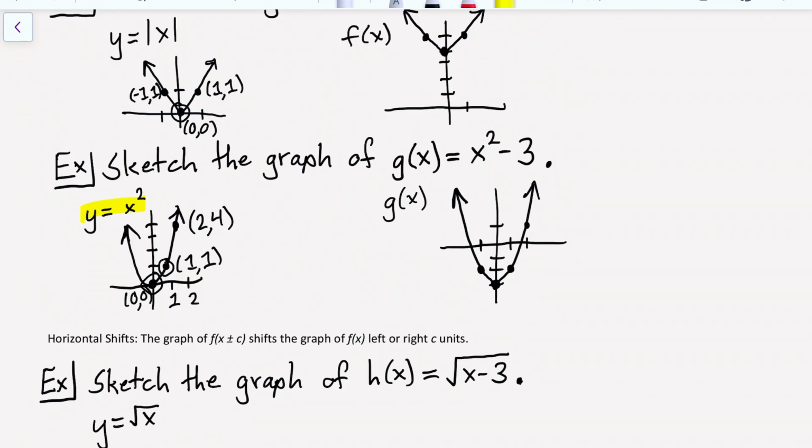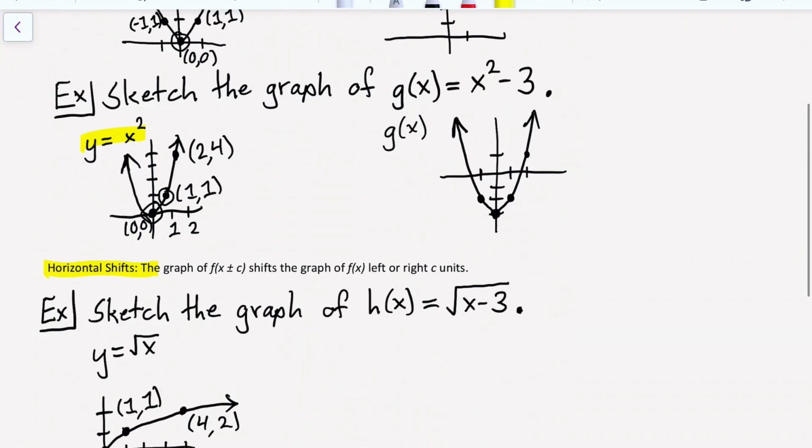In addition to speaking about vertical shifts, we can also speak about horizontal shifts. So a horizontal shift occurs when we take an x value and we add or subtract a number to the x value inside the function, inside the square root, or inside the squaring or cubing or whatever action is happening in the function. That will shift the graph of the original function left or right c units.